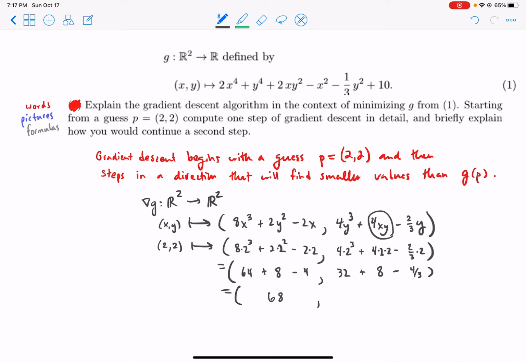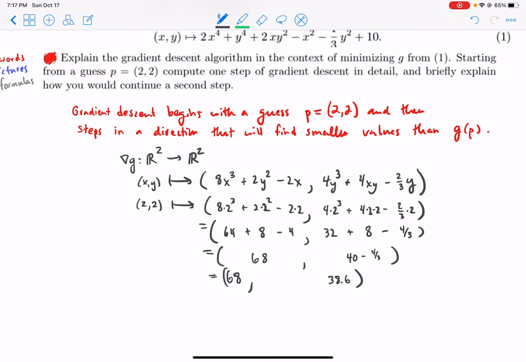Yeah, it looks right. Okay, so this is 40 minus 4/3. Okay, and so this is 68, comma, what is this? Maybe 38.6, perhaps? Okay. So this is not (0, 0).